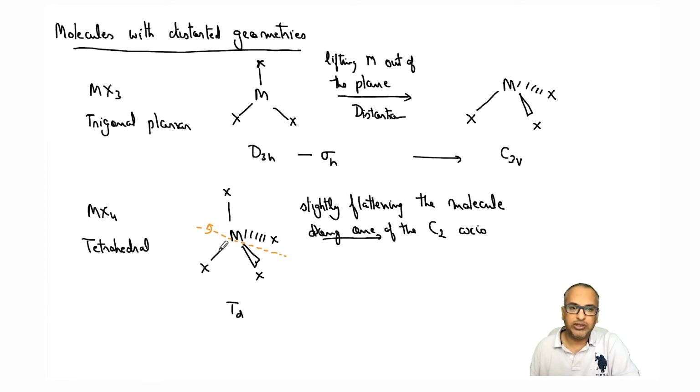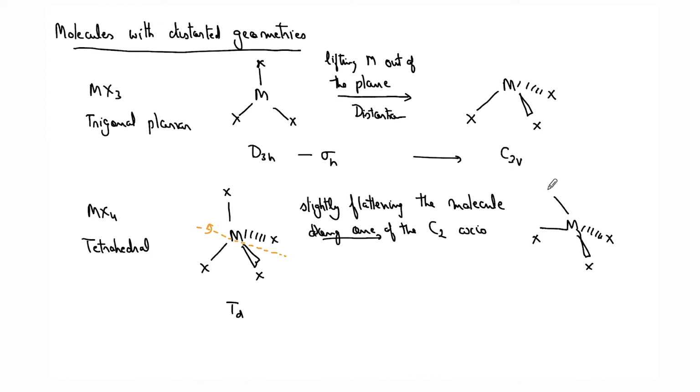So let's first distort only these two angles. So what I have is M, X, X, and X, X. Now this angle is no more 109 degree 28 minutes. This angle is still the same as the tetrahedral angle.